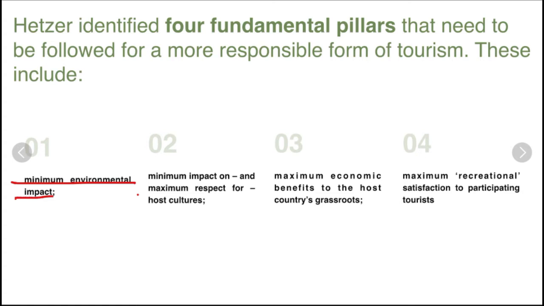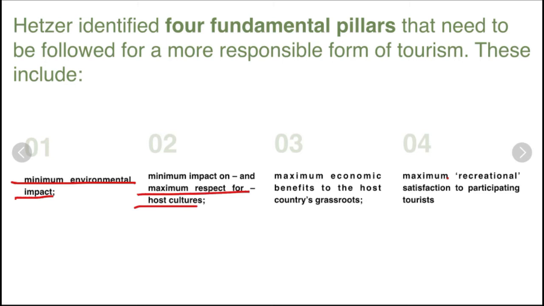Number 2 is minimum impact on and maximum respect for the host culture. So ano ba yung sinasabi natin dito na host culture? So when we say host culture, these are the people involved in a community. These are the most dominant culture that lives in a given area.